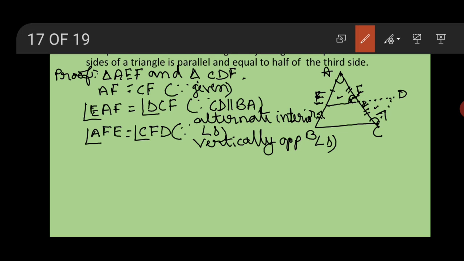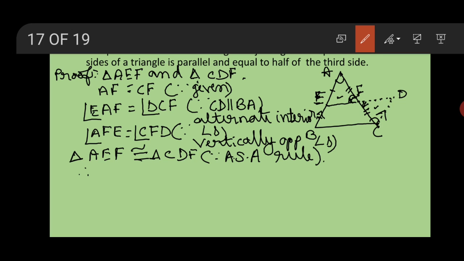Therefore, these two triangles are congruent. Write down: therefore, triangle AEF is congruent to triangle CDF. Reason: ASA congruency rule.